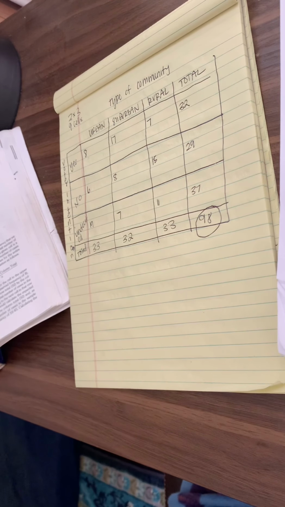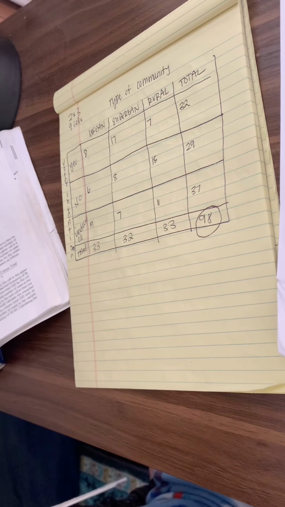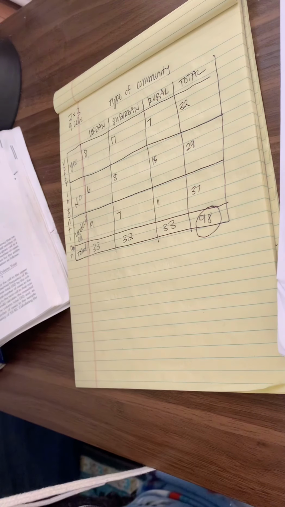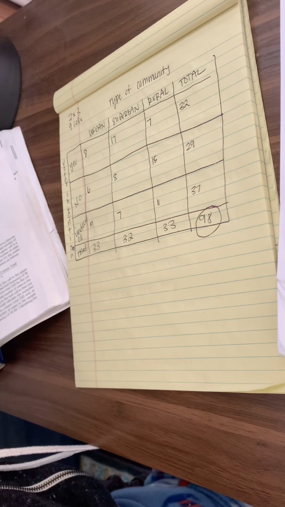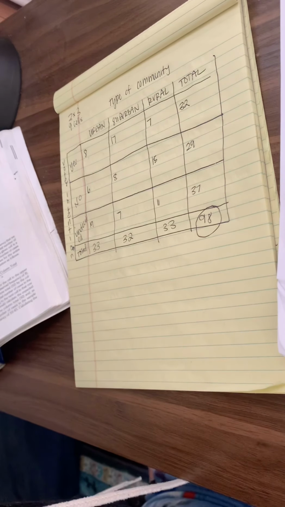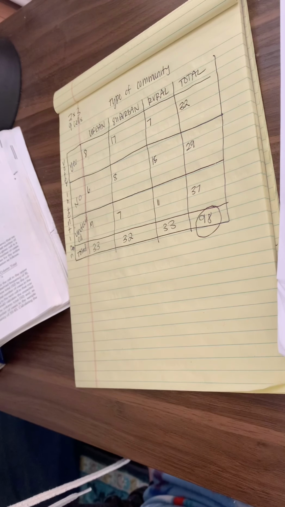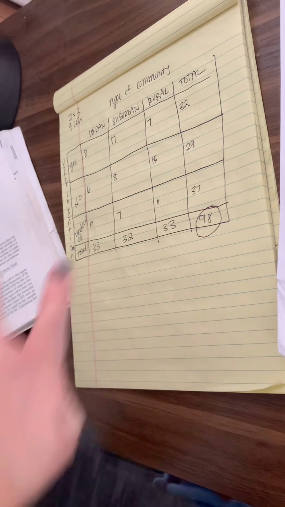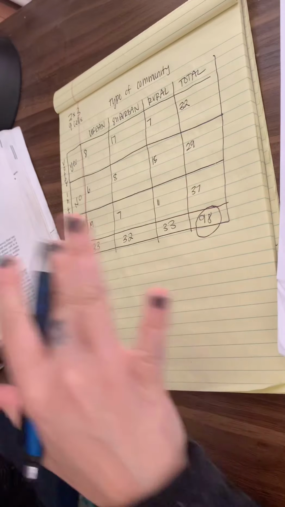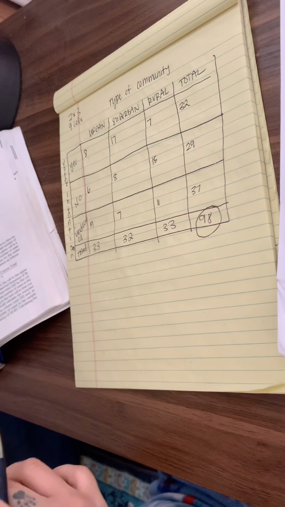Now what we need to find are our expected frequencies. The expected frequency for each cell is just a statement of the frequency that we would expect to find given the distribution and the total number of cases.